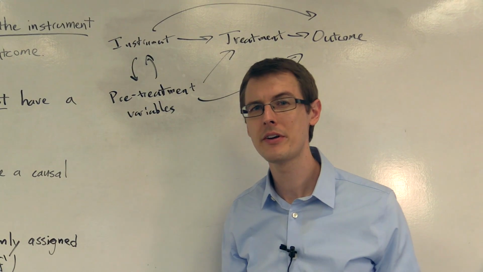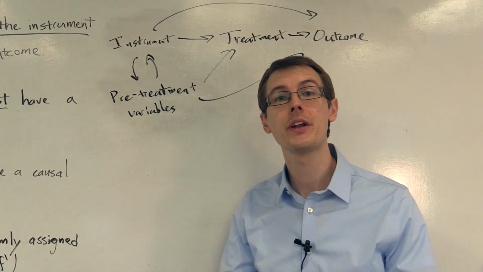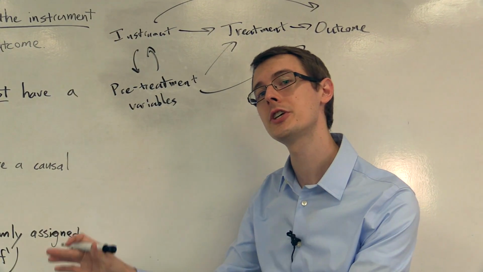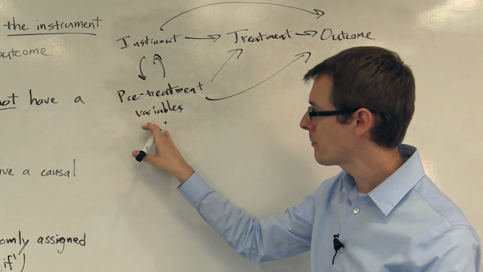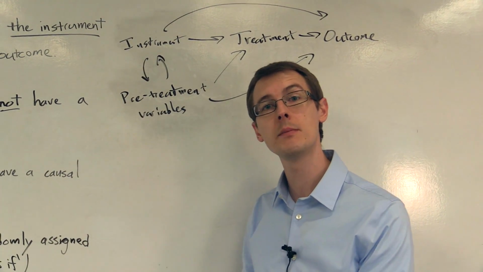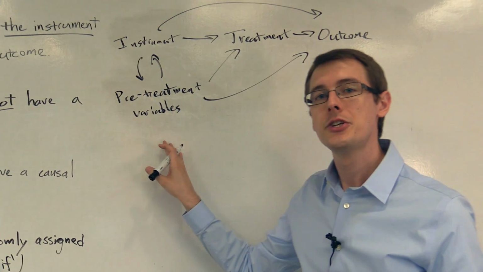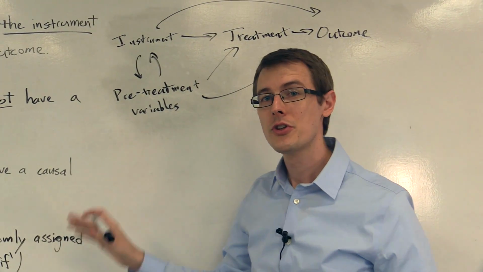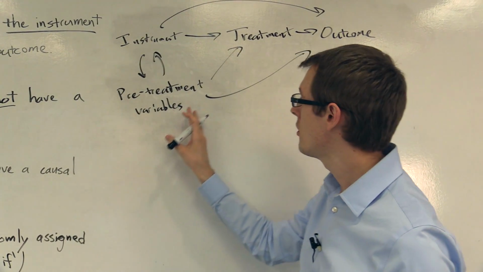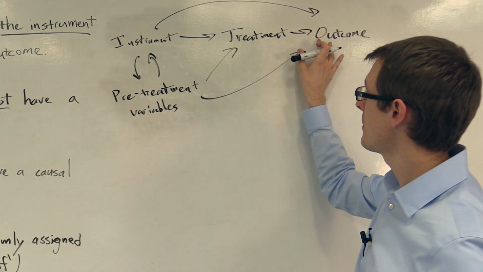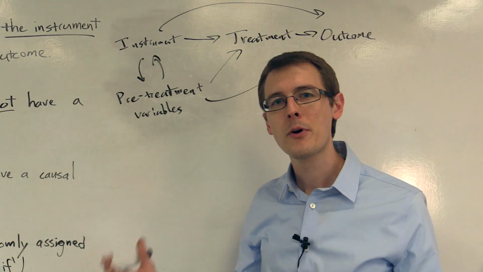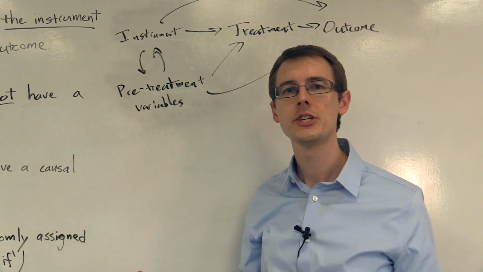So we don't even have them in our data set, and we can't even do something like a regression analysis where we condition on these pre-treatment variables and only look within subsets of people. We can't do that because they might not even be observed. So there's a whole bunch of confounders out there that could be driving a correlation between treatment and outcomes and causing this whole correlation is not causation problem.